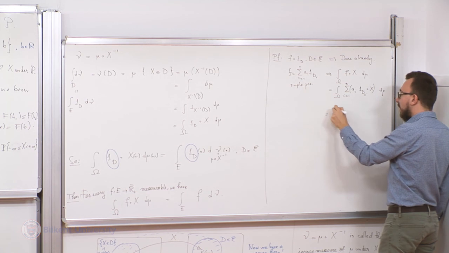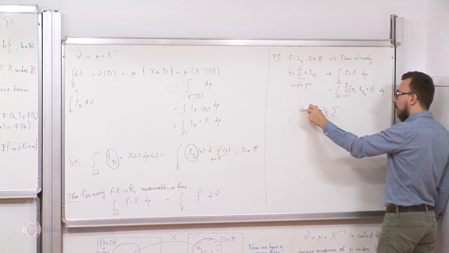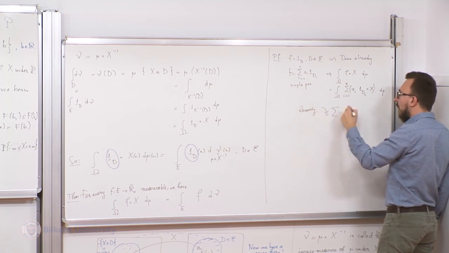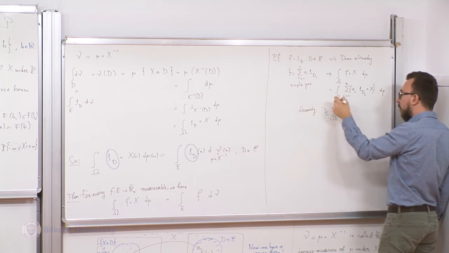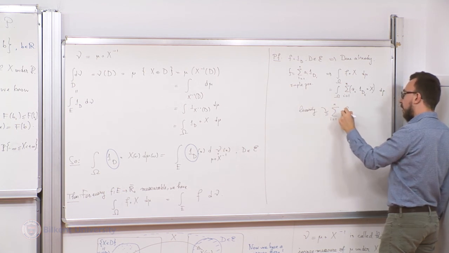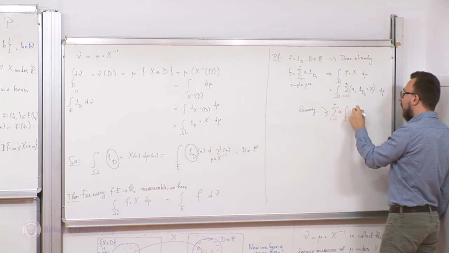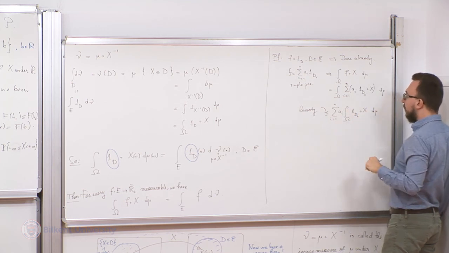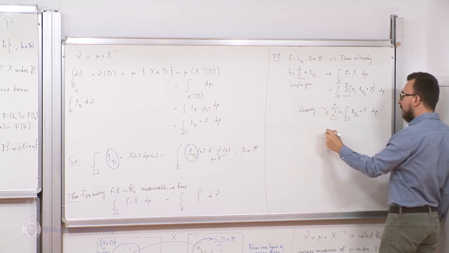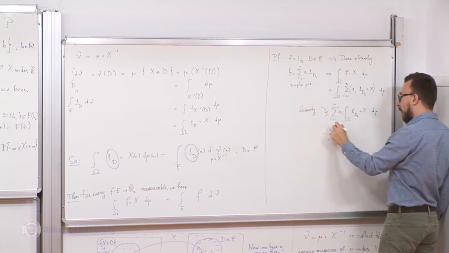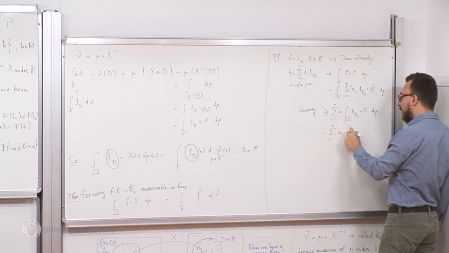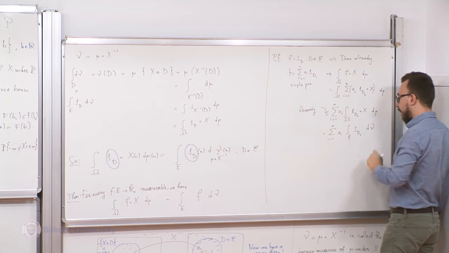By linearity of the integral, I can swap the order of the integration and summation. And by the previous step, I can write this as an integral over E, indicator of D_i, d nu.